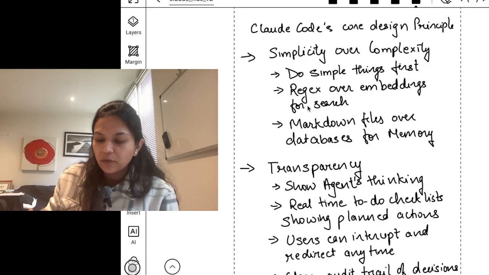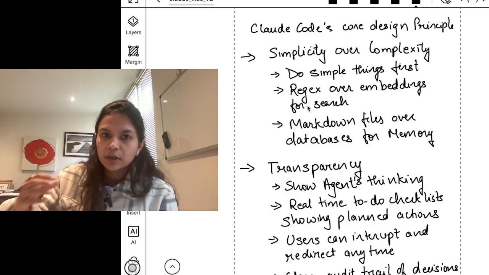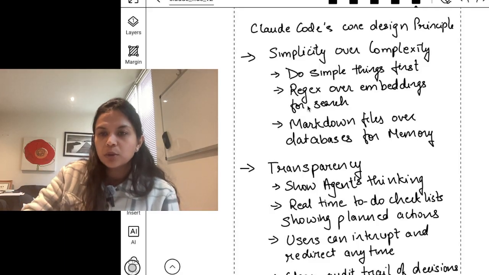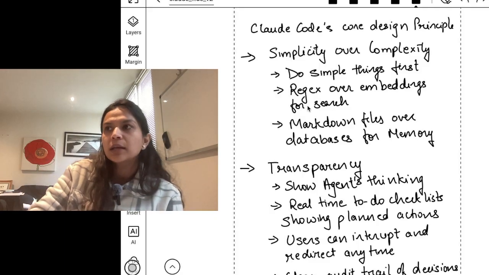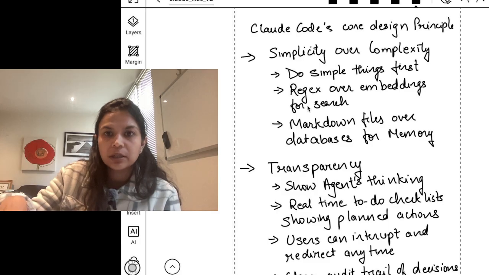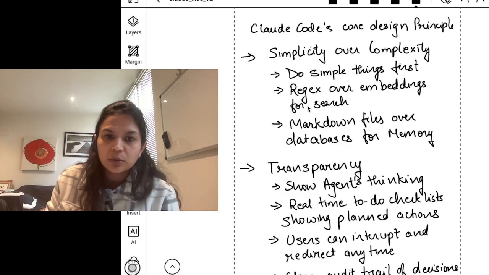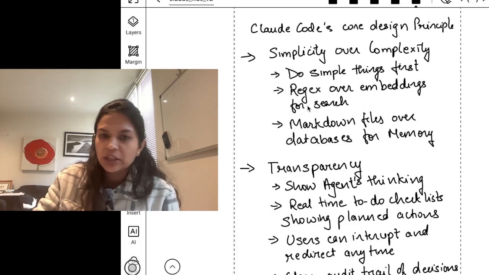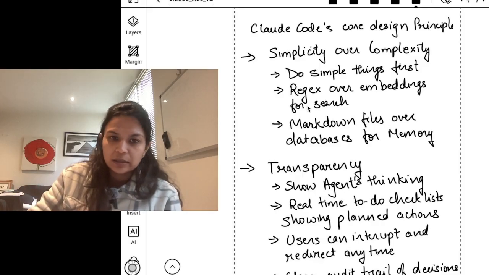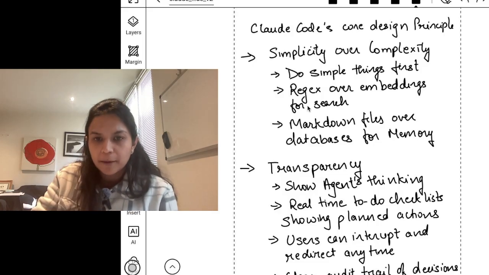So after every few tool calls, there is a system reminder configured which keeps reminding the agent to maintain and update the to-do list so that it stays on track for the given goal. And that also gives transparency to the user in terms of how the agent is thinking and what actions the agent has taken.